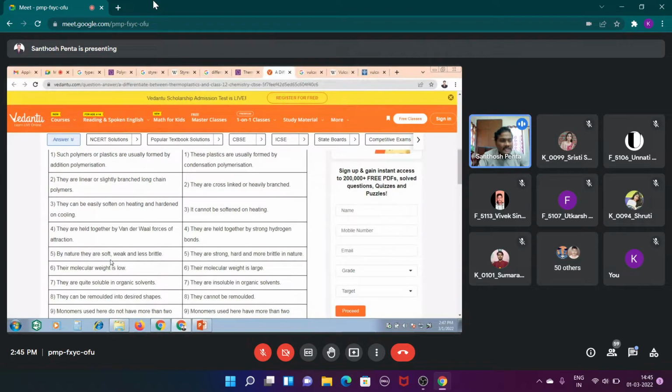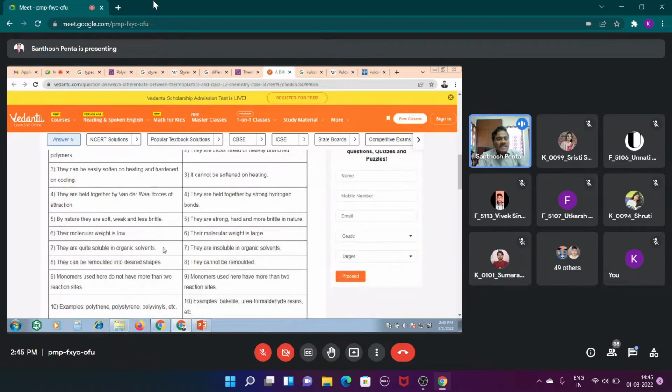By nature, thermoplastics are soft, weak and less brittle, but thermosettings are strong and more brittle. More brittle means easily breakable. Their molecular weight is low for thermoplastics and high for thermosettings. Thermoplastics are quite soluble in organic solvents, while thermosettings are insoluble in organic solvents. Thermoplastics can be remolded into desired shapes; thermosettings cannot be remolded.